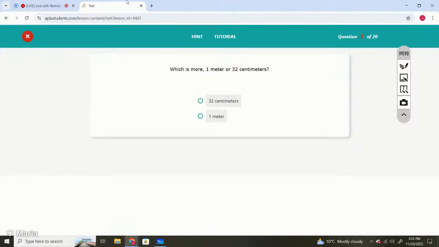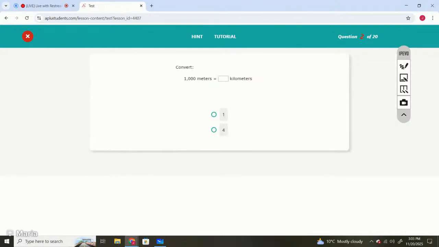Which is more, 1 meter or 32 centimeters? 1 meter equals 100 centimeters. So 1 meter is more than 32 centimeters because 1 meter equals 100 centimeters.